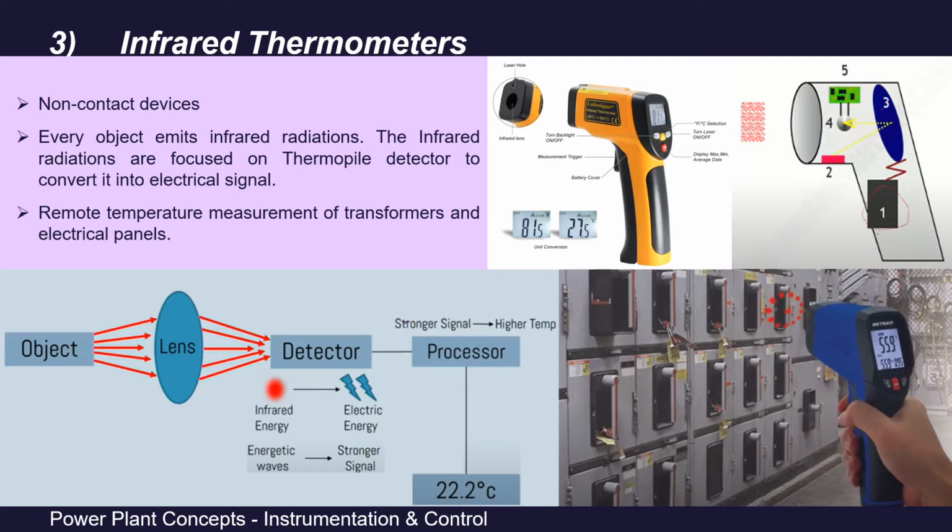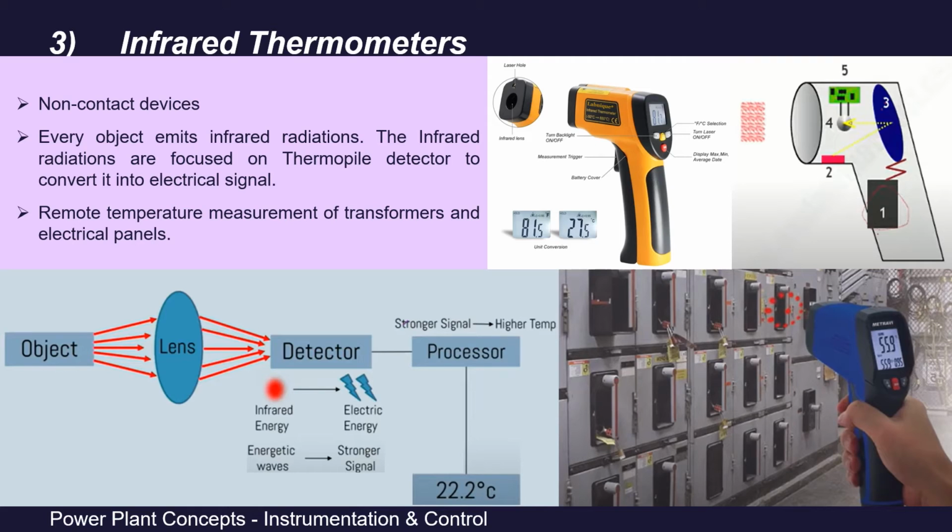In this picture, we can see there is an object, and these red lines are showing the infrared radiations. These are focused on a lens. Then this lens concentrates these infrared radiations on a detector. This detector is called a thermopile.